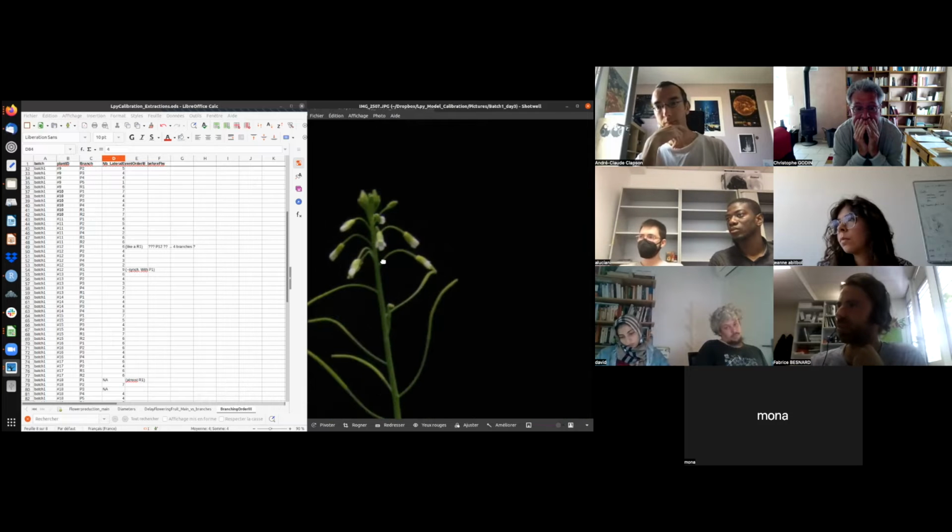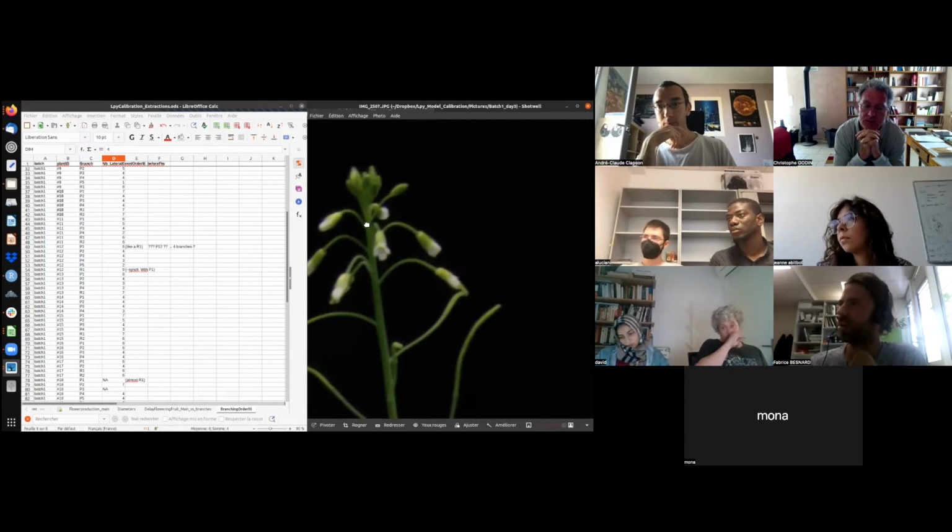And the second thing that we did is, for example, you see on the same example here at the tip, to make a tip resembling a real Arabidopsis, we realized that the pedicel, which is the little stalk that links the bud to the stem, has a very strange dynamic.